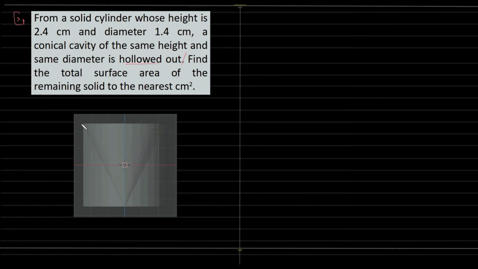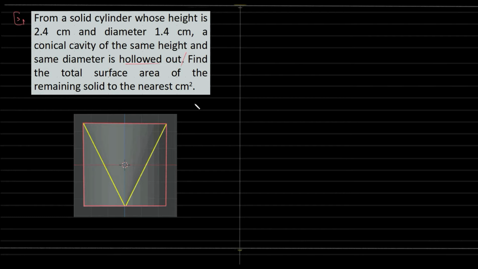So basically, we have the original solid cylinder, from which a cone is hollowed out, something like this. Okay, let's look at what is given.